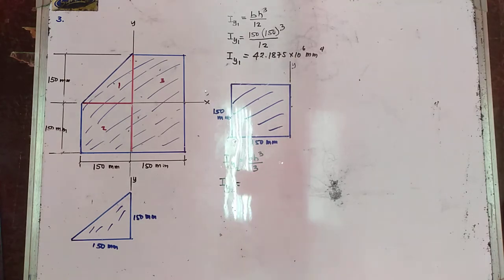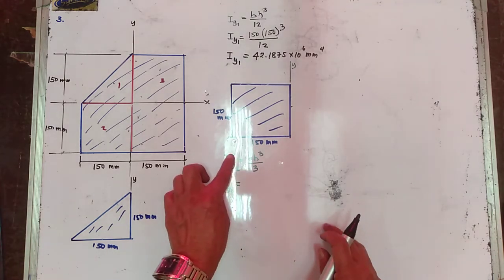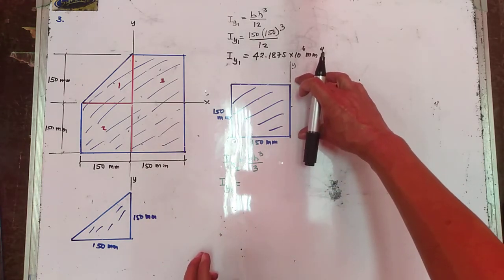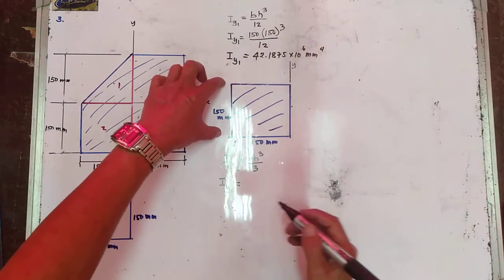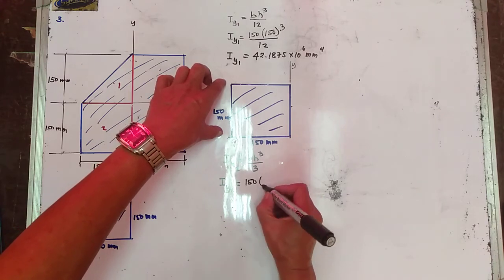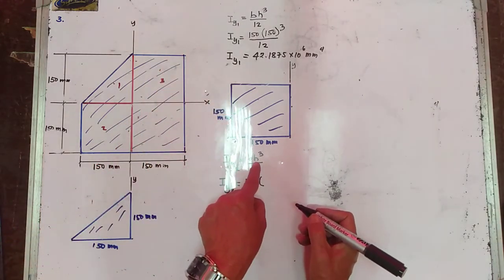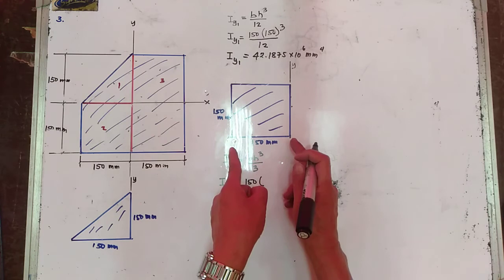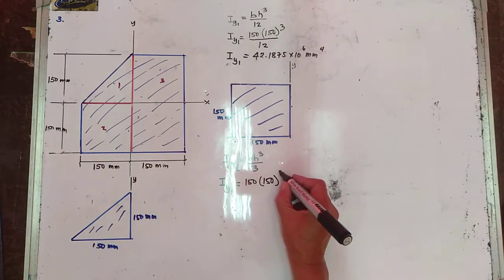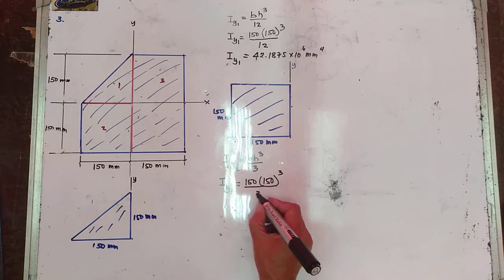So your Iy2 is now equal to, again, your b in here is the dimension parallel to the y-axis. And this is 150. So we have 150, multiplied by h cubed. Your h is this one, 150 cubed all over 3.